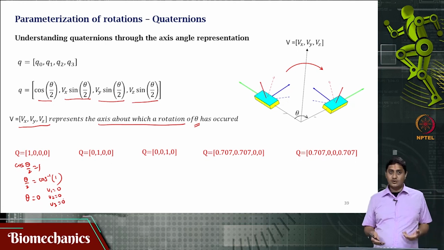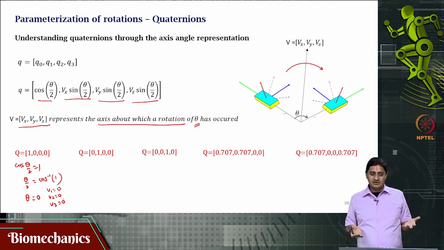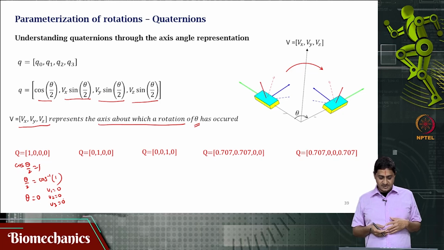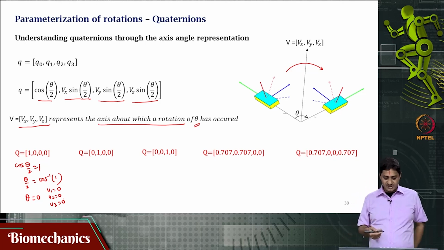This is a rotation of 0 degrees, essentially no rotation about any of the 3 axes, because none of them have any representation, all of them are zeros. Remember, Vx, Vy, Vz represents the axis about which the rotation happens, that is the last 3 components. The first one is the angle.